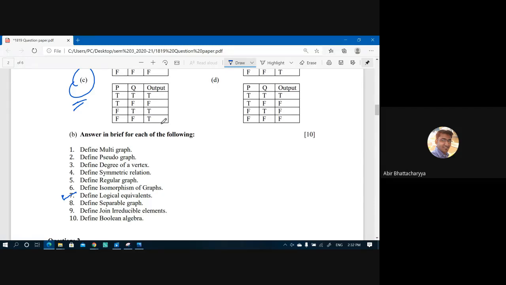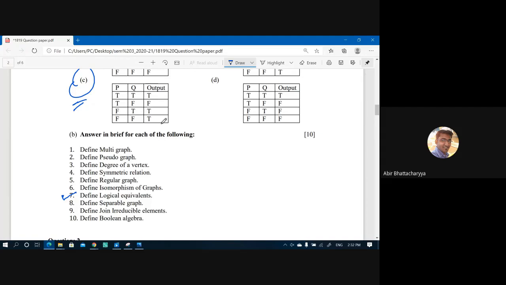or you may say their outputs are equal, the outputs of the truth tables are equal. Yes, Theodorus's answer is correct. Theodorus, it should be P bi-implication Q, not P implication Q. Many of you have written partially correct answers. Gloria wrote that two statement forms are logically equivalent if they have an identical truth table.